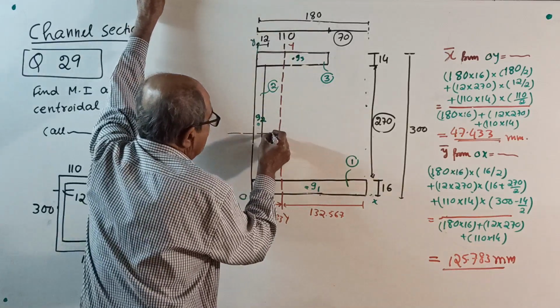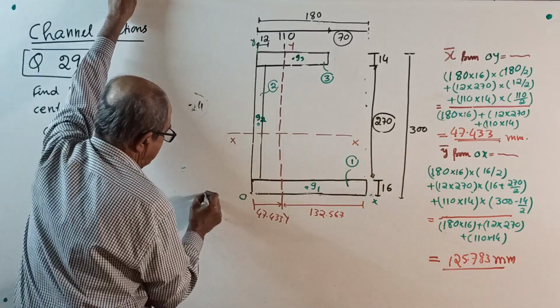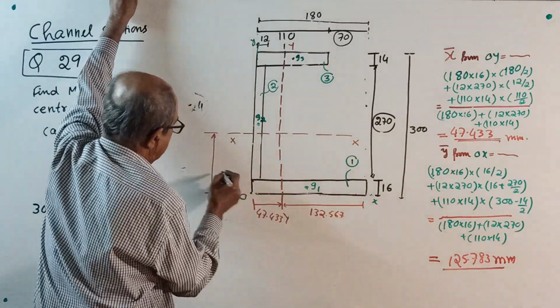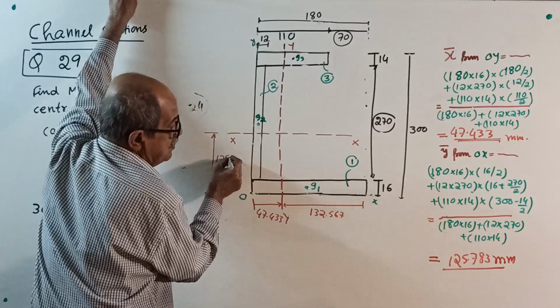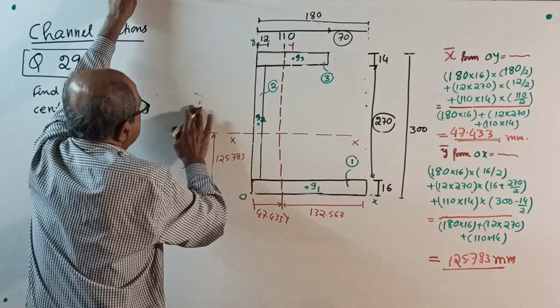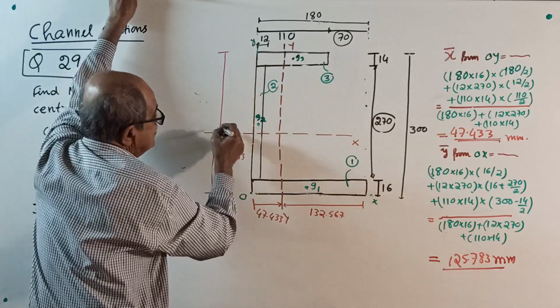How much below, scale is not required. From here to here is your y bar, 125.783. Every question I solve, those who are serious work out everything and get tremendous knowledge.